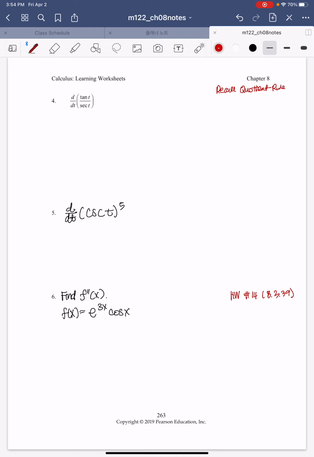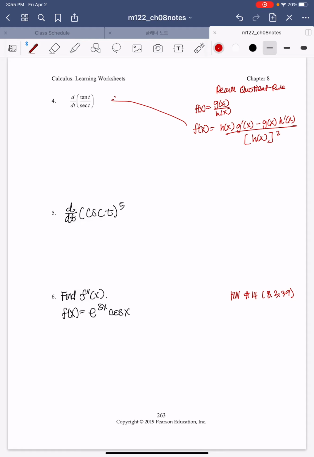If I have g of x over h of x, the derivative is low d high minus high d low, all over low squared.